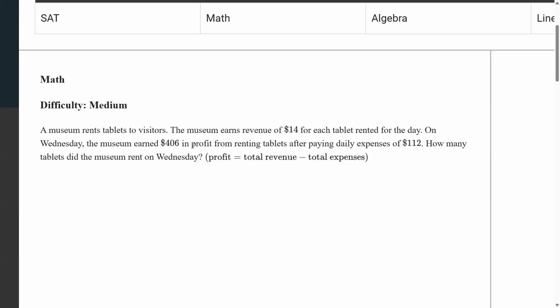So it earned $406 in profit from renting tablets after paying daily expenses of $112. All we'll do is calculate the total revenue first. So the profit 406 equals total revenue minus 112, so 406 plus 112 will be 518.